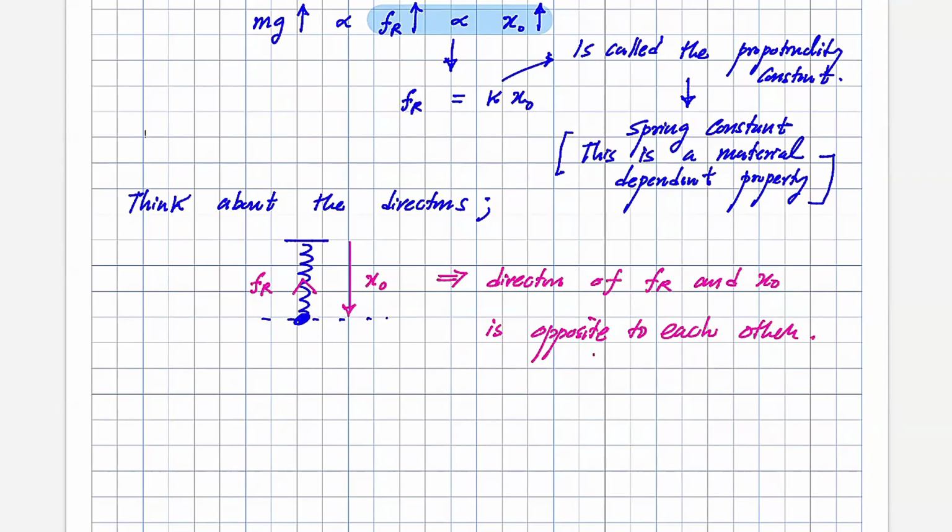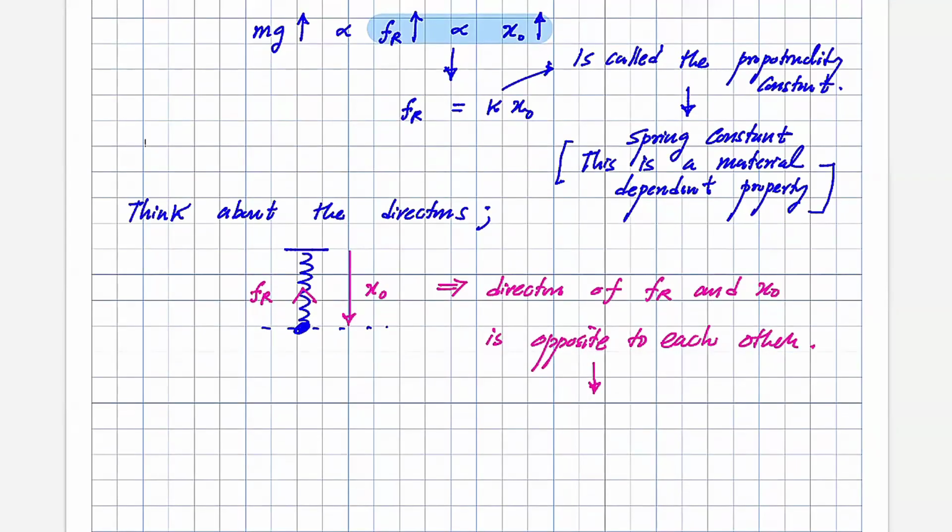Because of this reason, we are going to modify that equation. FR is equal to minus kx. Now, if someone asks, why that minus? You should be able to tell that the direction of x0 and the direction of FR are opposite to each other. So that's why you put that minus sign, because they are vectors too.